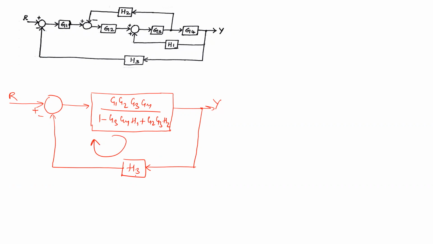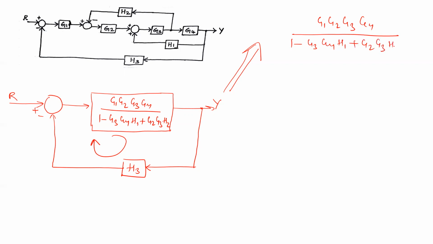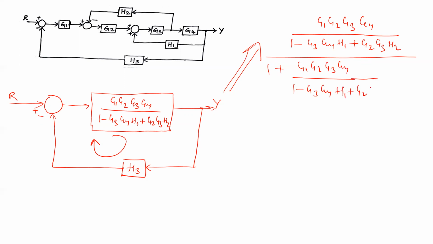We will take the gain of the forward path, that is G1, G2, G3, G4 divided by 1 minus G3, G4, H1 plus G2, G3, H2, divided by 1 plus, because it is a negative feedback, and this one G1, G2, G3, G4 divided by 1 minus G3, G4, H1 plus G2, G3, H2 into H3.